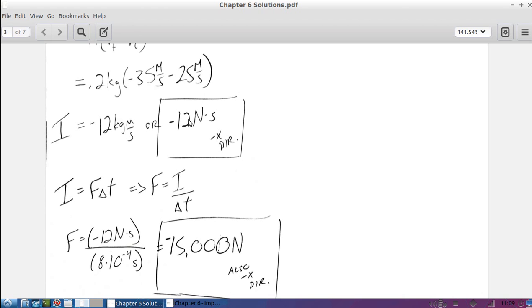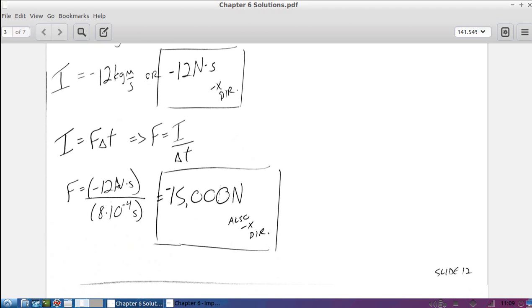The reason I found the impulse first was, now that I have this value, I want to set I equal to F delta t. Right? So I want to solve for F, divide both sides by delta t, so F is the impulse divided by the time. I found the impulse. I was given the time interval in the problem. So I'm also getting a negative force, a very, very large force, right?